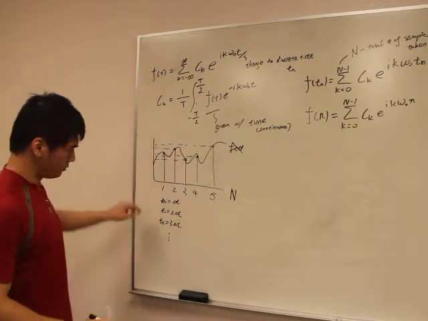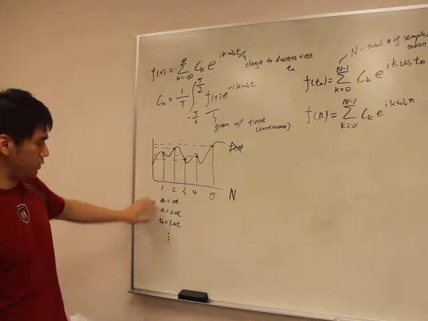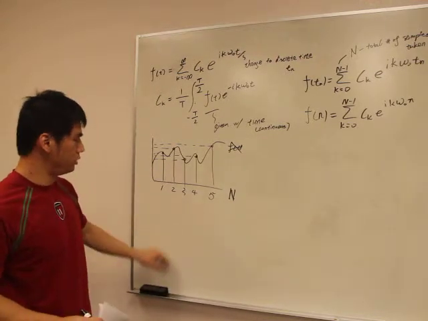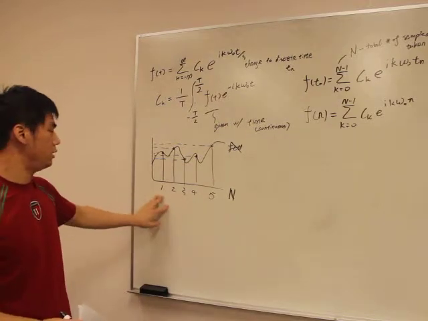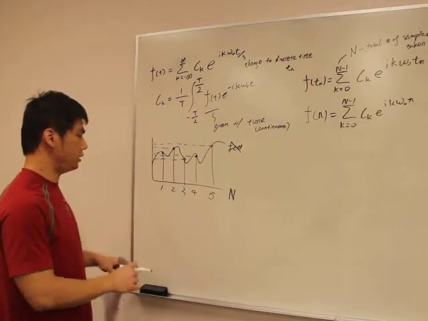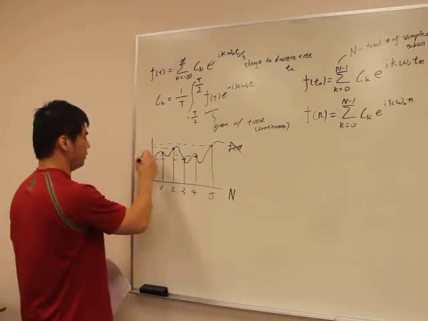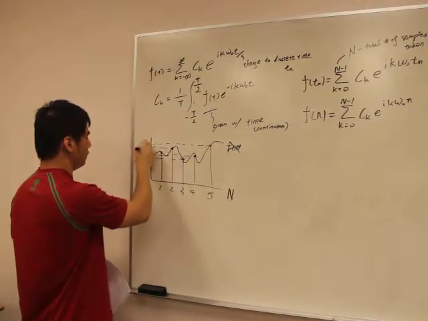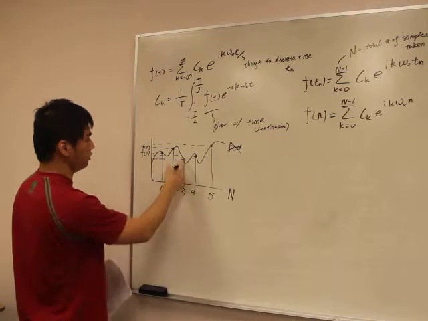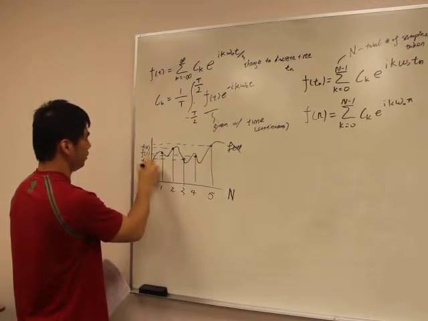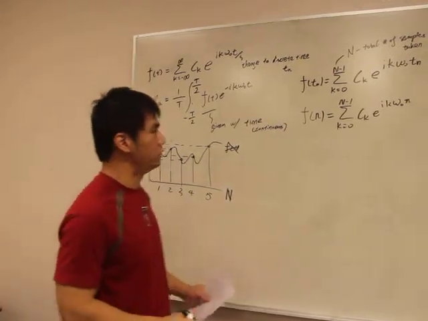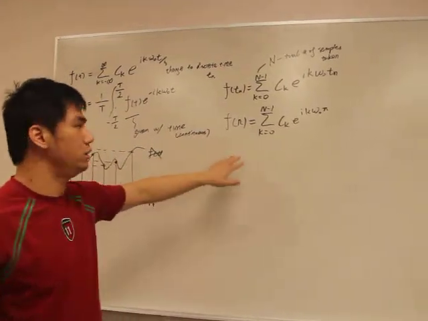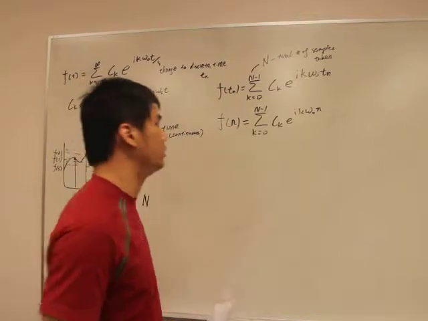That makes it easier because we changed time into just the index 1, 2, 3, 4, 5. It means the same thing, because now at this point we have f of 1, at this point f of 2, this point f of 3, etc. We have the same function just with the index n.